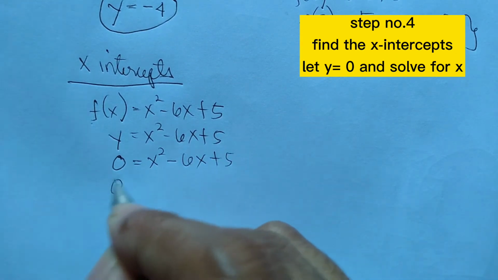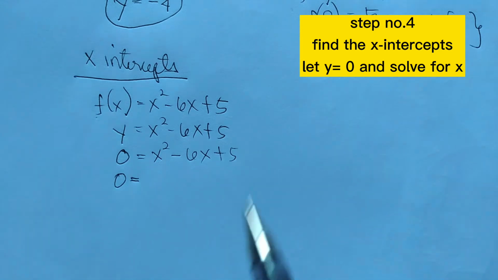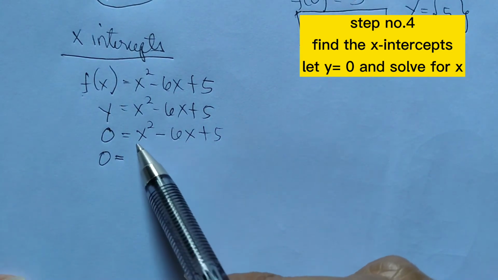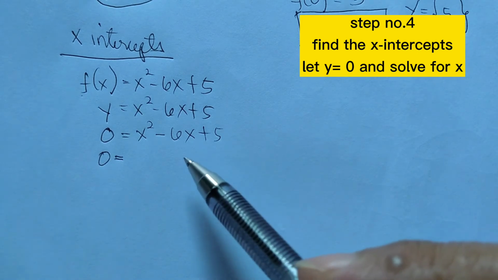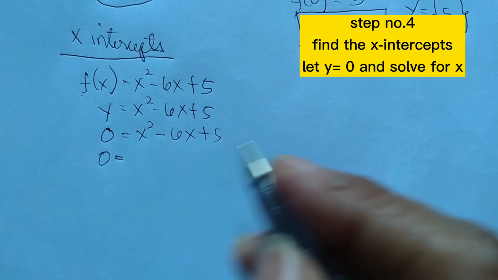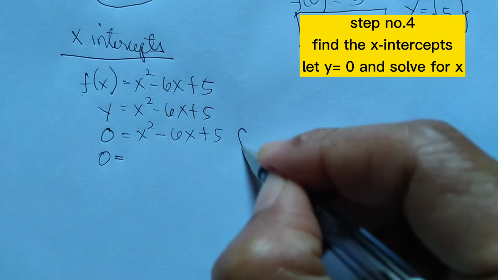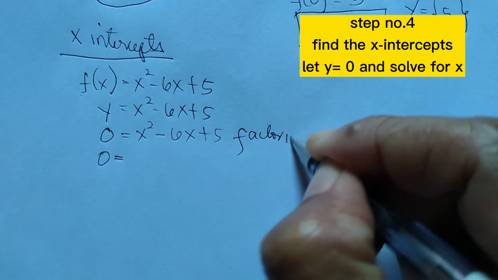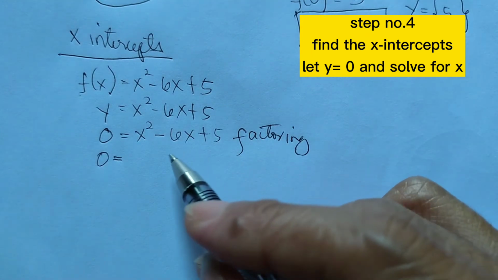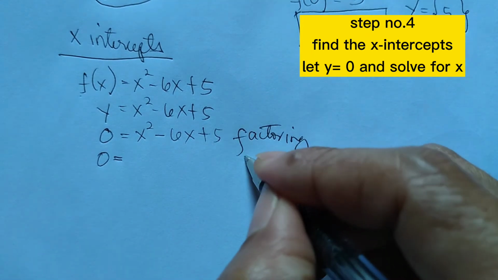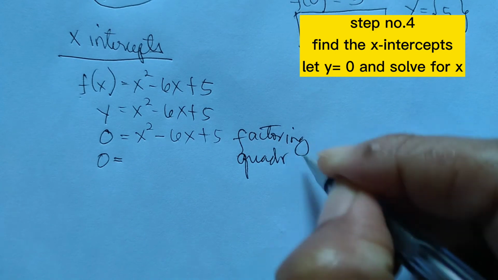Okay. So, 0 is equal to, let us solve or find the roots of the equation, which are the values of your x. So, you can either use factoring, or if it is not possible for the equation to factor, then you can use the quadratic formula.